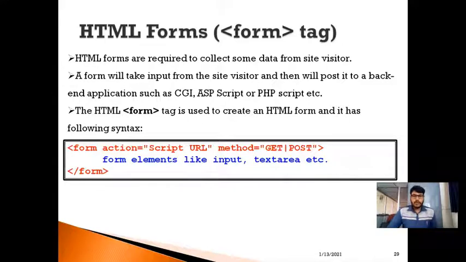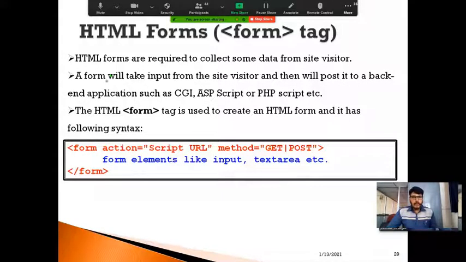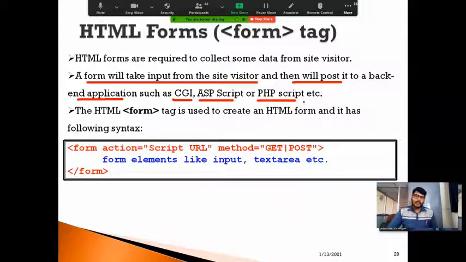As you observe, what I said is that a form will take input from the site visitor and then it will post that data to a backend application such as a CGI, ASP script or PHP script. These are nothing but server-side applications which are used to process the collected data.